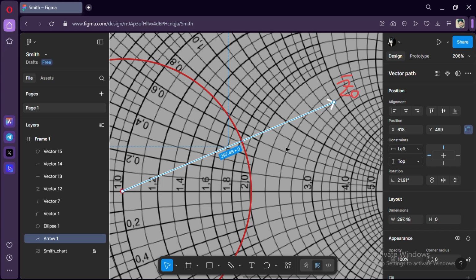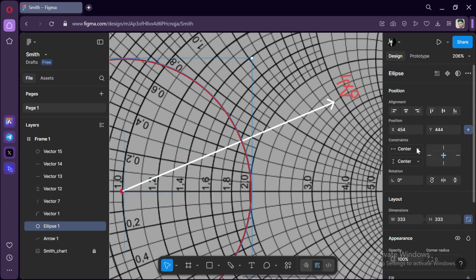Diameter is twice of it. Let me multiply. Okay, it's about 595.